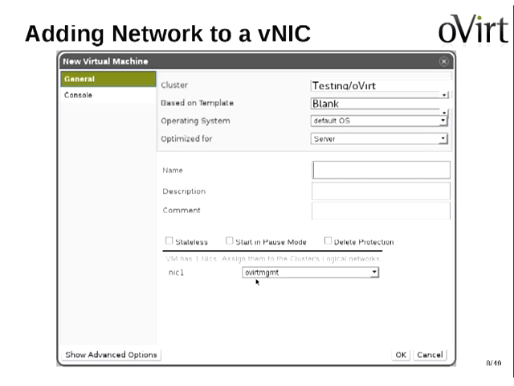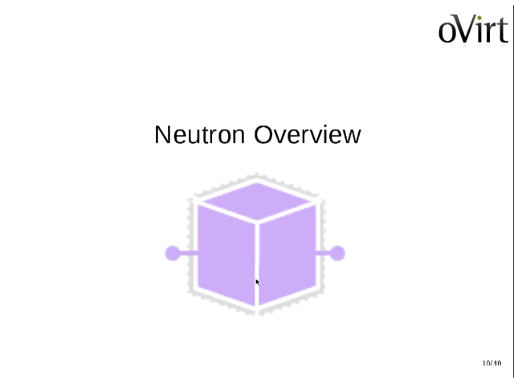So these are the networks that we attached to the cluster, right? These are the networks that are available for selection. Okay? That was basically oVirt networking in a nutshell, really quickly. Hopefully everyone understood.